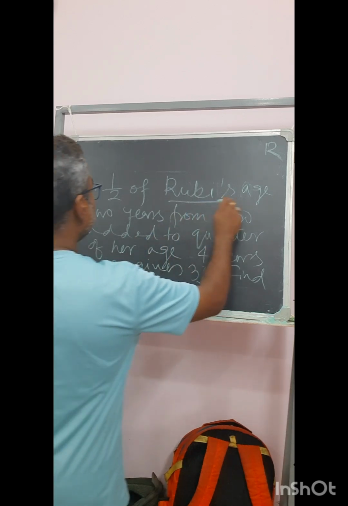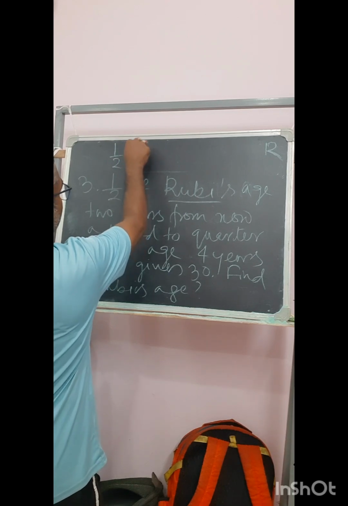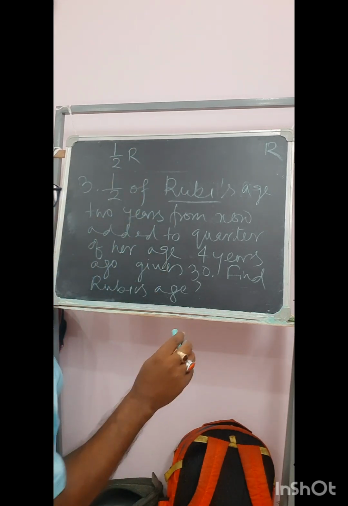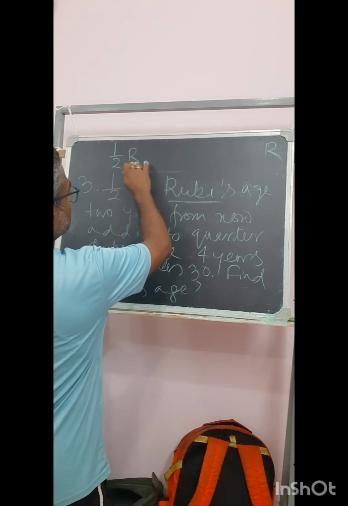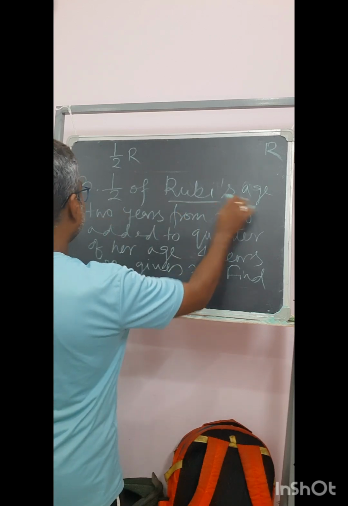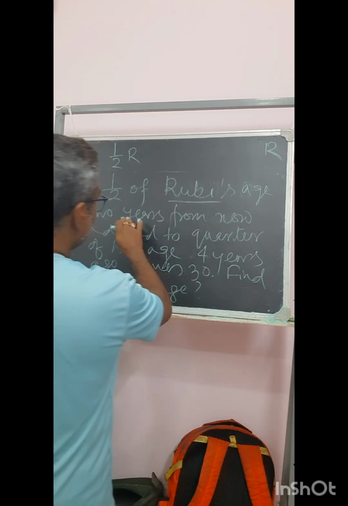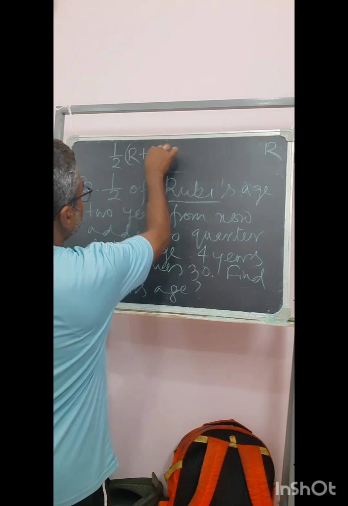Definitely Ruby's age. Let me take R as Ruby's age, so half of Ruby's age 2 years from now. So after 2 years Ruby's age will be R plus 2.